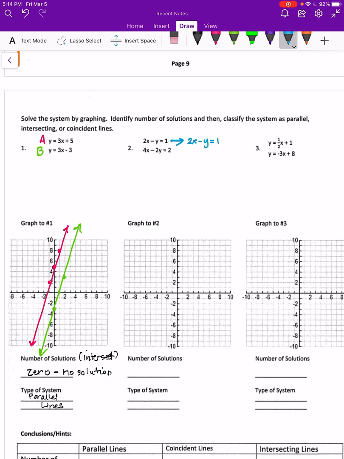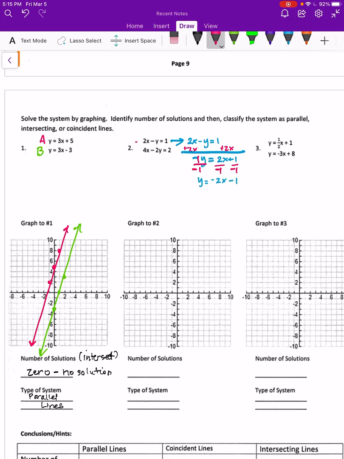I have to get y by itself, so I'm going to subtract 2x from both sides. That gives me negative y equals negative 2x plus 1, and you guys know how to do this. We already covered this lesson. So divide by negative 1 on every term. So y is equal to 2x minus 1. So that's our first equation.